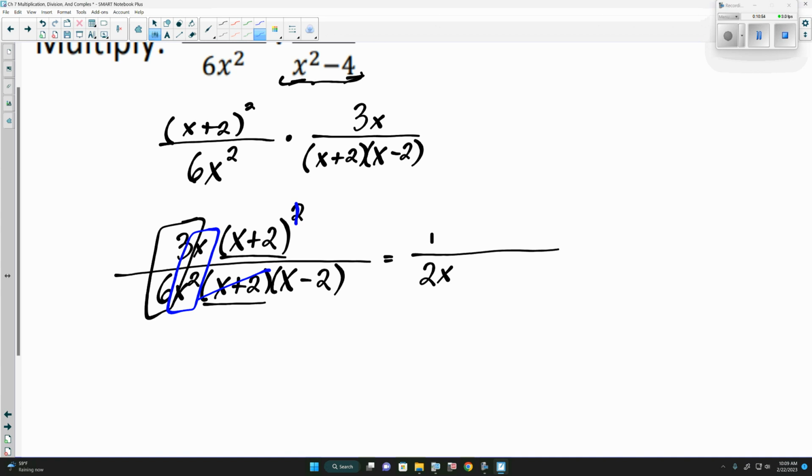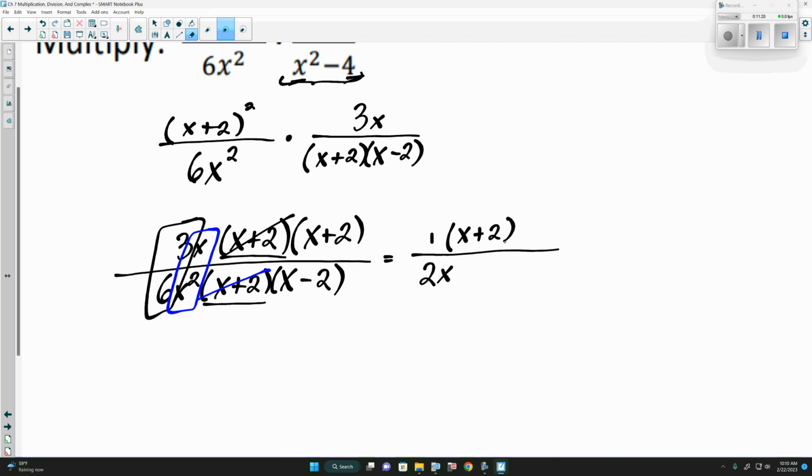If we don't have to do it that way, we could have just rewritten this out as x plus 2 times x plus 2, because x plus 2 squared is the same as saying x plus 2 times x plus 2. We could have written it out and then canceled as we go. But either way, we're still going to have an x plus 2 on top.